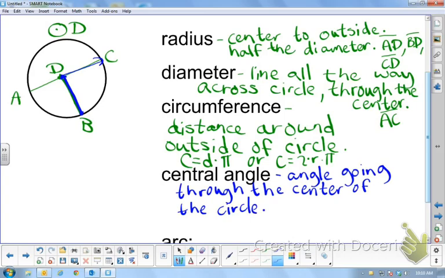Again, I could name one of these. Angle ADB would be a central angle. Or the one I had highlighted, angle BDC, would be considered a central angle. So again, that should be a newer definition, something you haven't seen before.